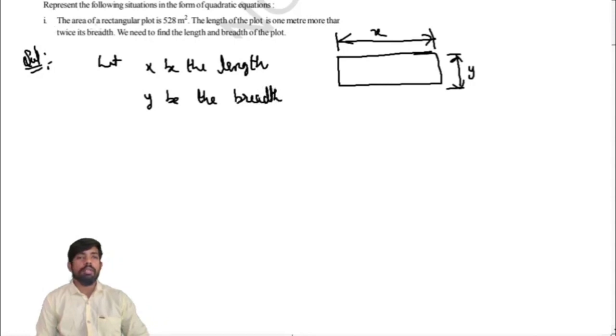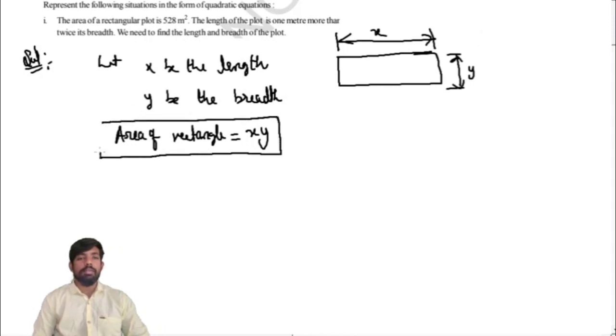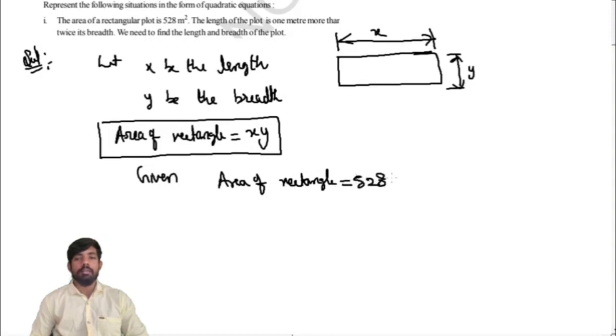So given data, area of a rectangle. The area of rectangle formula is x into y, length into breadth. This is the formula. So given data, we will write first. Area of rectangle is equal to 528 meters square.